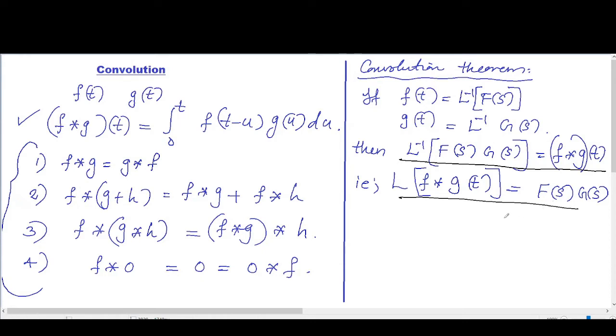Now, what is here F(s)? F(s) means L of f(t), and G(s) means L of g(t), the Laplace transform of f(t) and the Laplace transform of g(t).